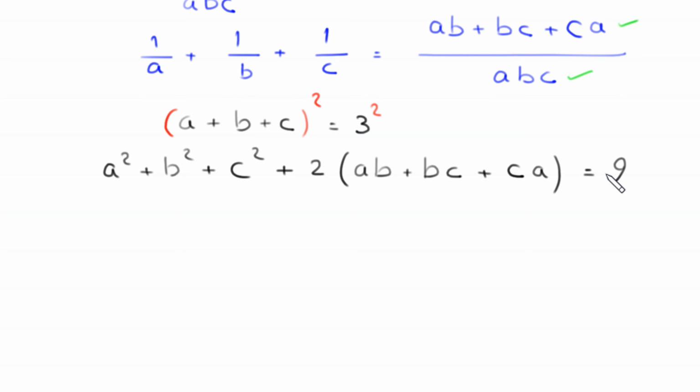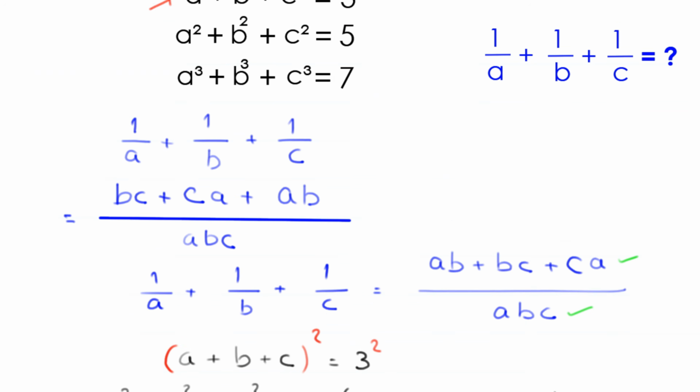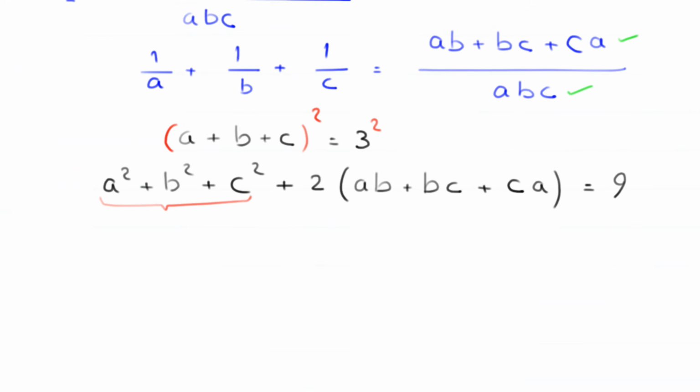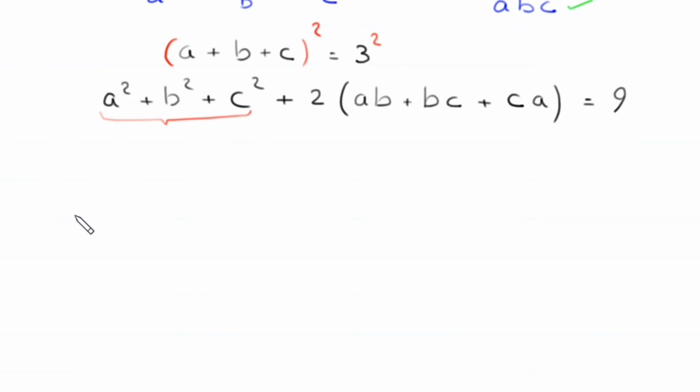Now in this equation we replace a squared plus b squared plus c squared with the value 5 from the second equation. So this equation will become 5 plus 2 times ab plus bc plus ca equal to 9.